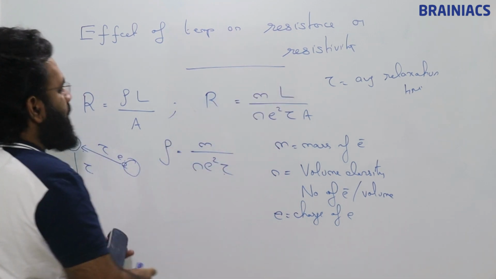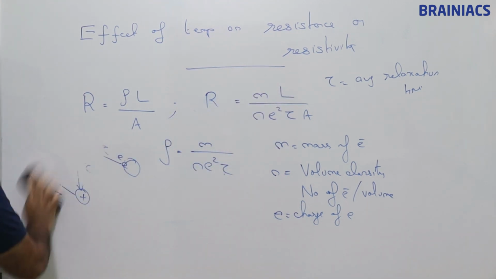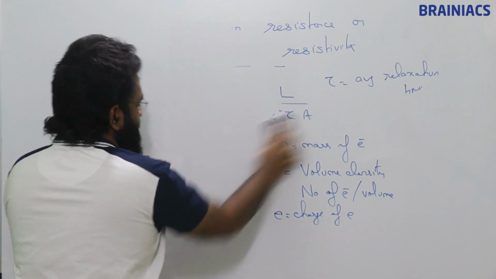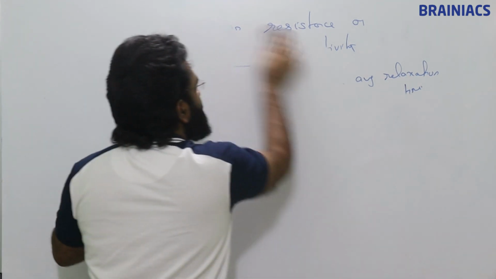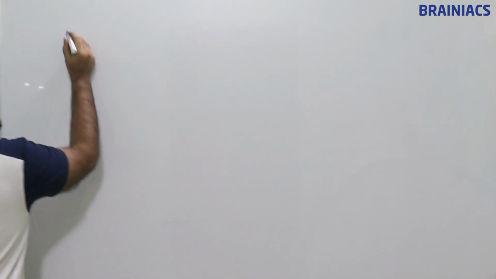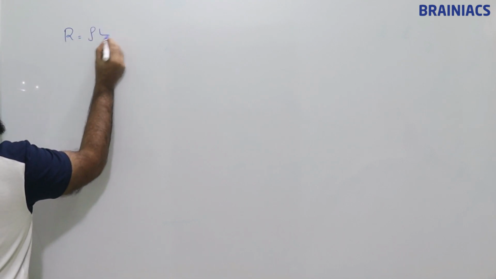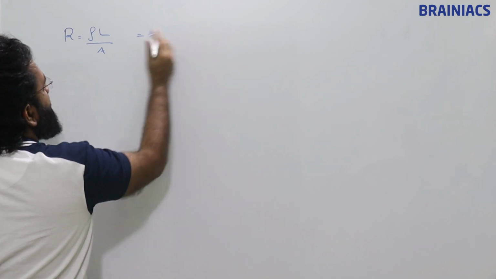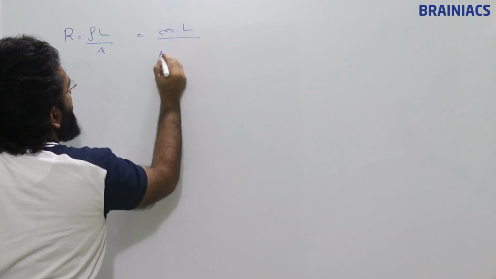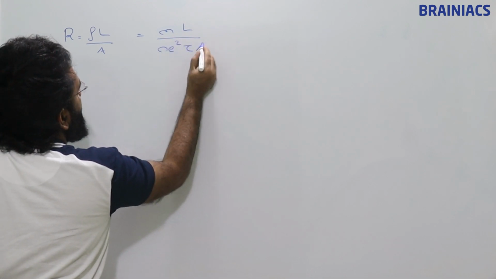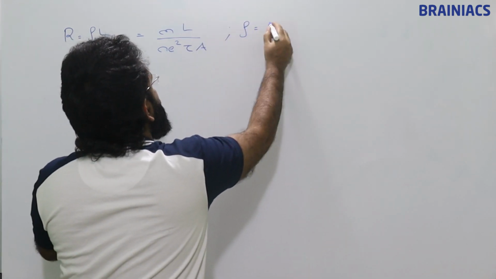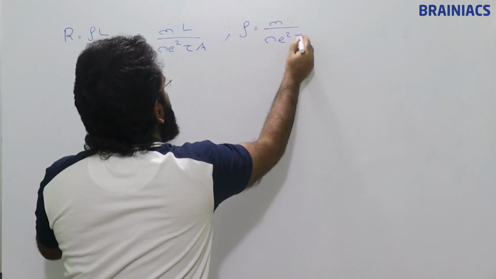So R is equal to rho L by A, or ML by N E square tau into A, or rho is equal to M by N E square tau.